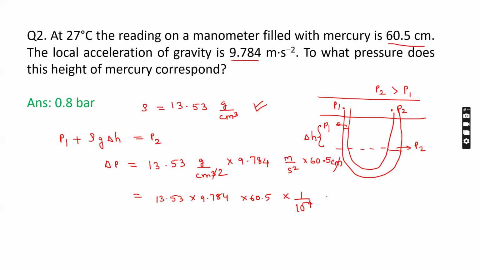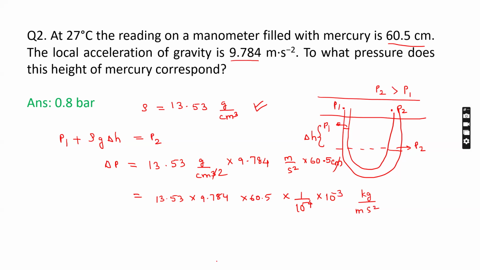So into 10 power minus 3. Okay, this is kg per meter second square.